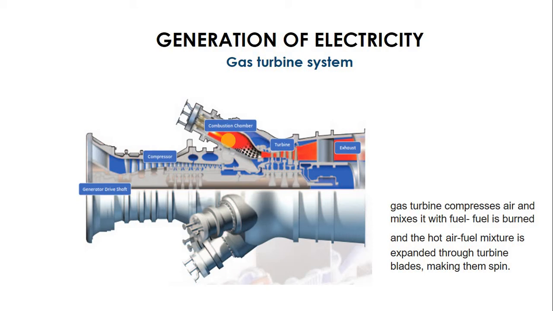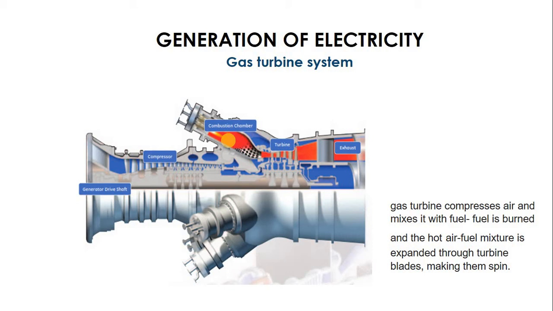So with the gas turbine system, the fuel, which is gas, is mixed with the air, and the gas-air mixture is ignited to cause an explosion, the combustion, and this combustion produces very high pressure waves that drive the turbine to generate power.